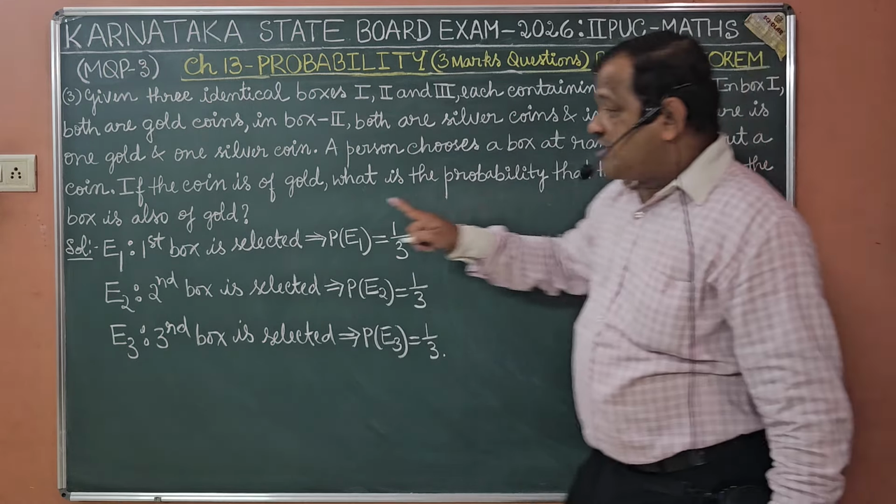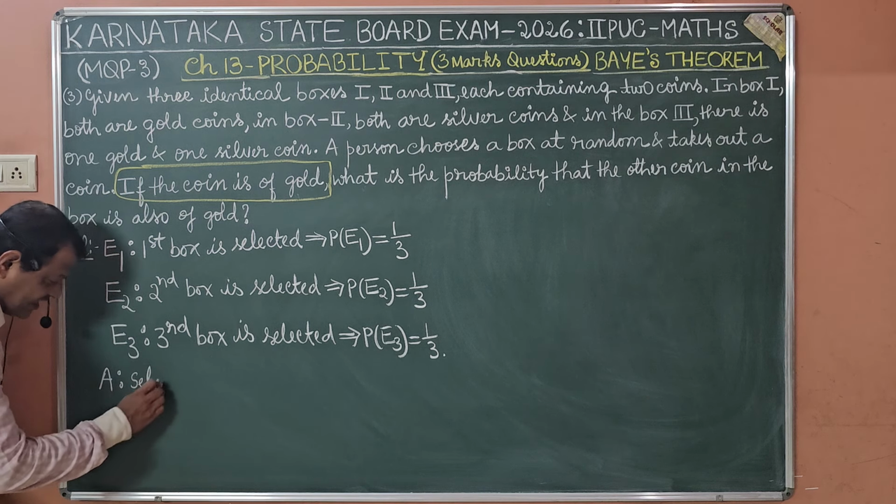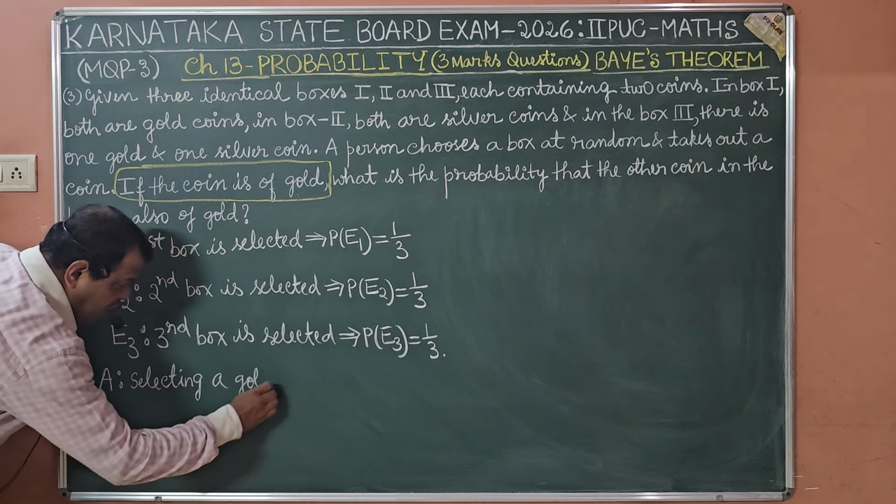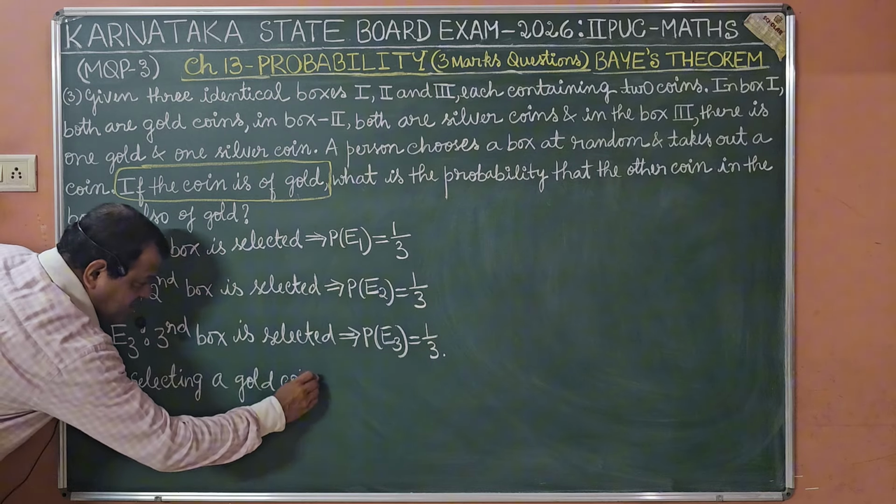A piece of it in the beginning, you consider as the last but one sentence. That is, if the coin is of gold, that is special event A: selecting a gold coin. Yes, this is the special event.